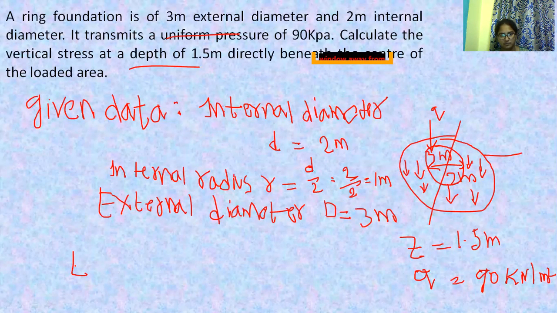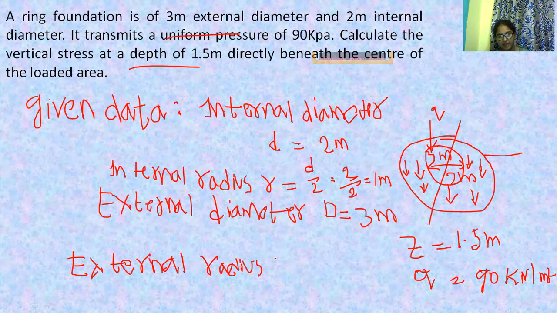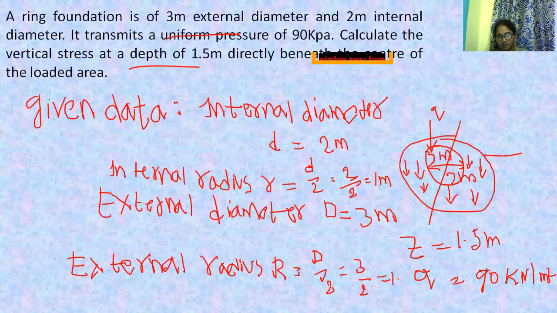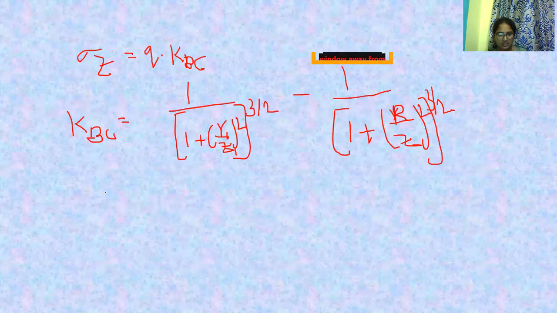And the external radius, capital R, is equal to capital D by 2, that is 3 by 2, which is equal to 1.5 meters. So substitute these values in this equation.